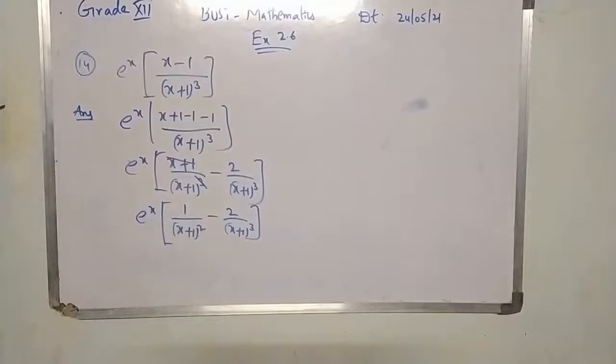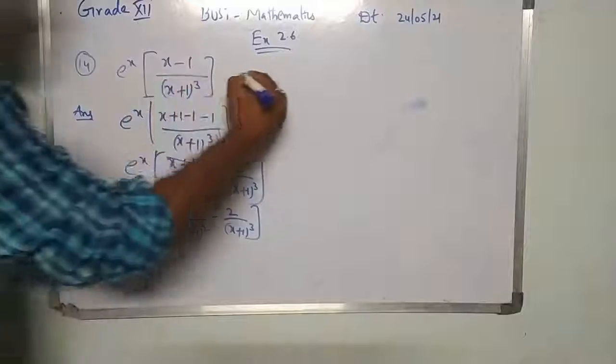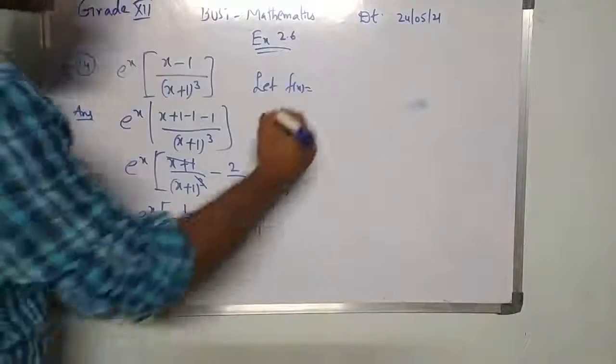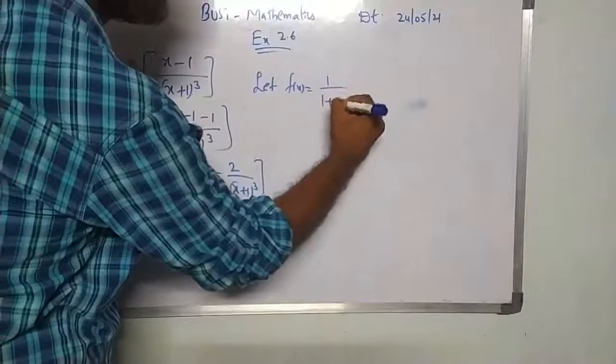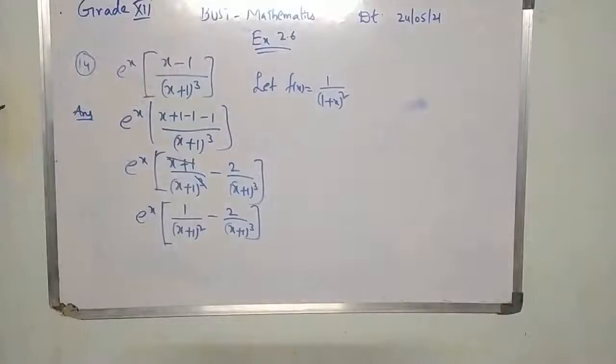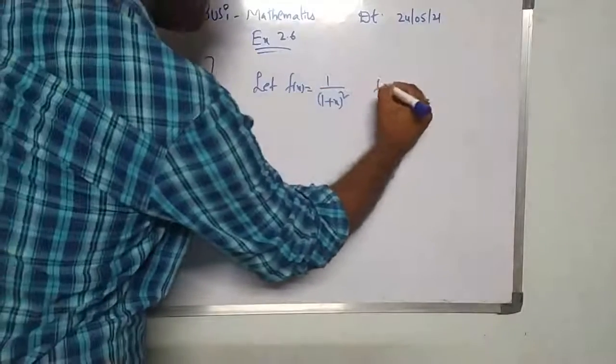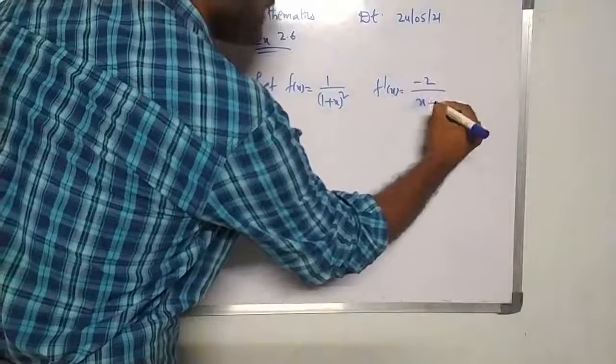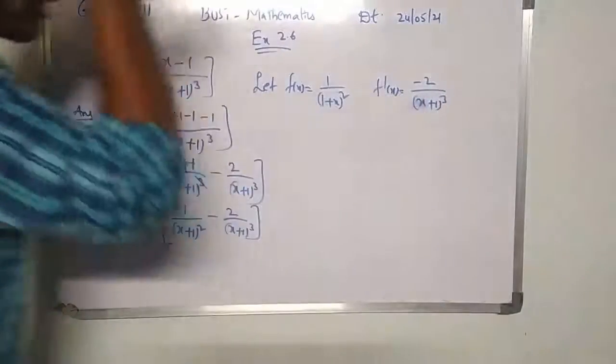Okay. We will assume let f of x is equal to 1 by (1 plus x) whole square. If I perform the derivative, f dash of x, then the answer will be minus 2 by (1 plus x) whole cube. So remember the derivatives.